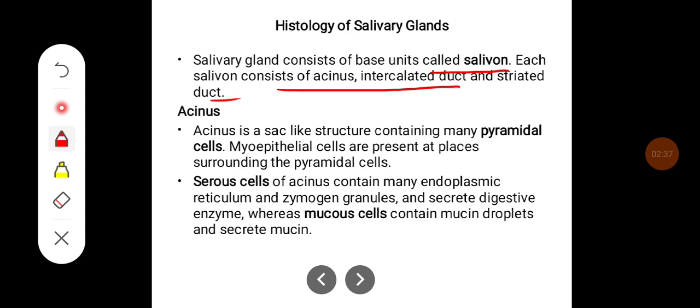An acinus is a sac-like structure containing many pyramidal cells. Myoepithelial cells are present at places surrounding the pyramidal cells. Serous cells of the acinus contain much endoplasmic reticulum and zymogen granules and secrete digestive enzymes, whereas mucous cells contain mucin droplets and secrete mucin.